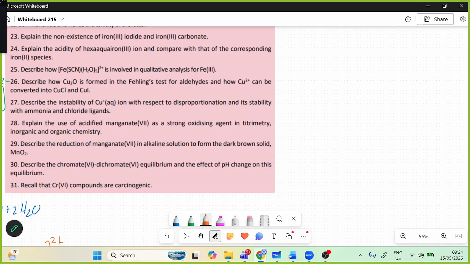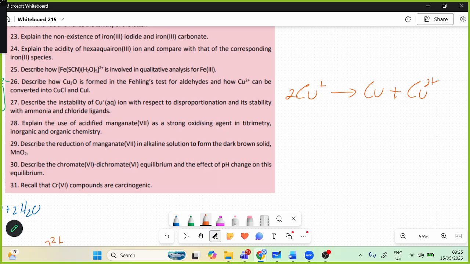Cu+ will actually disproportionate to give both Cu and Cu2+. This is a disproportionation: it will oxidize to Cu2+ but also reduce to Cu.